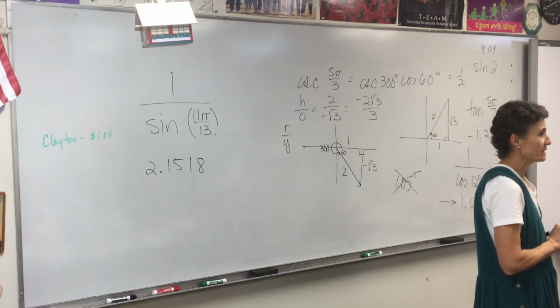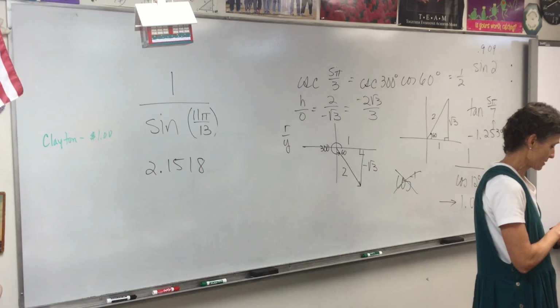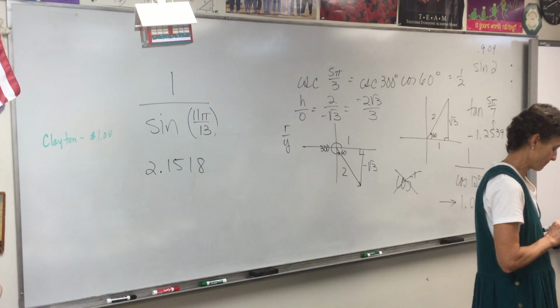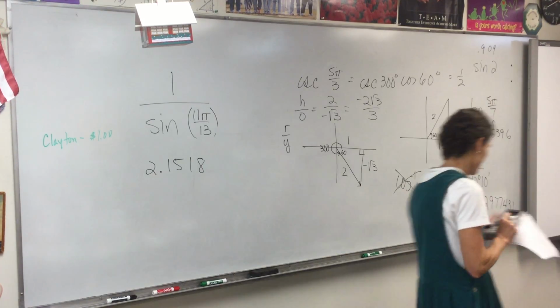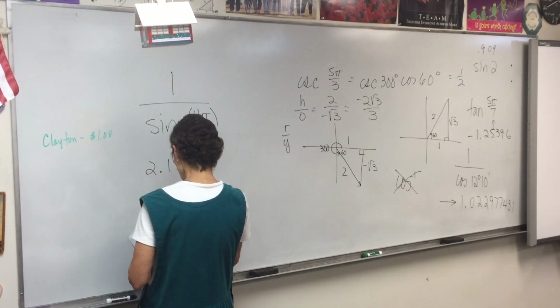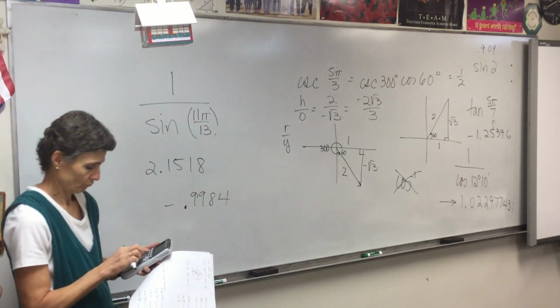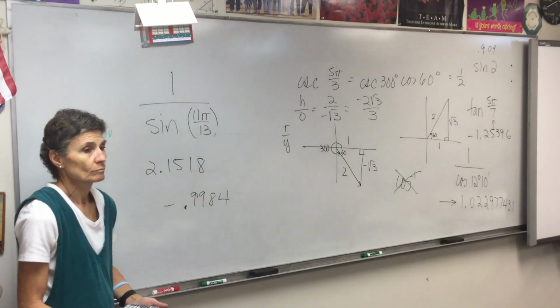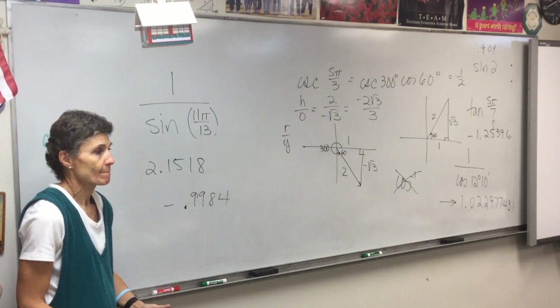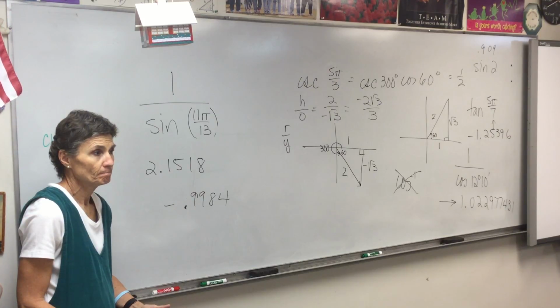And remember where that seconds thing is? It's over on your plus sign, remember? So alpha plus. And did you get negative 0.9984? Everybody okay with that?